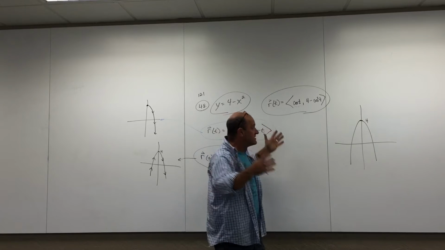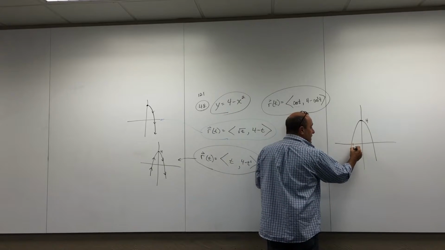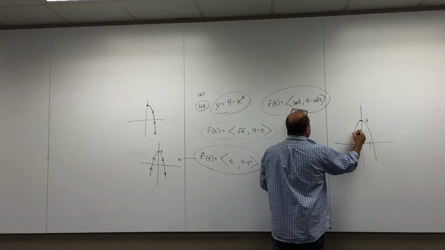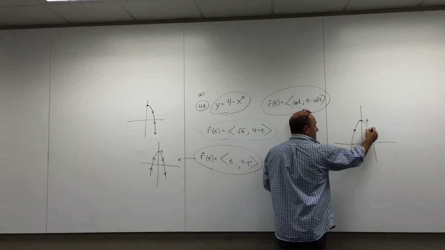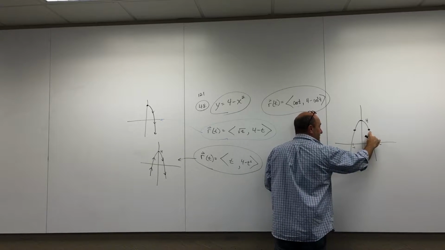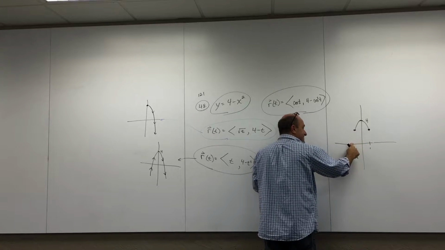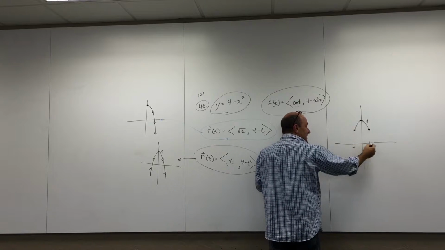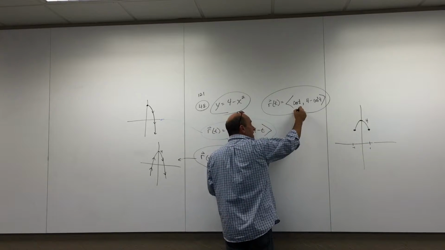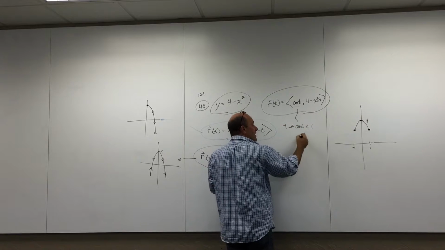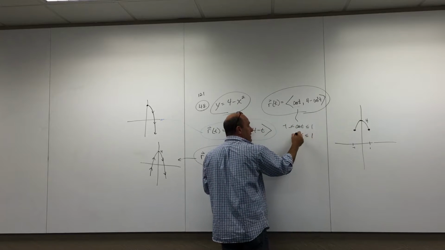So it's not this entire parabola, but it's this much of the parabola. It's not that part, and it's not this part. It's where x lives between -1 and 1. Because cosine lives between -1 and 1, x has to live between -1 and 1.